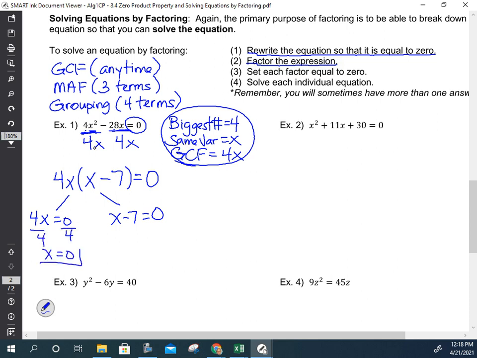Divide by 4, x equals 0. Add 7, x equals 7. There's your 2 answers.